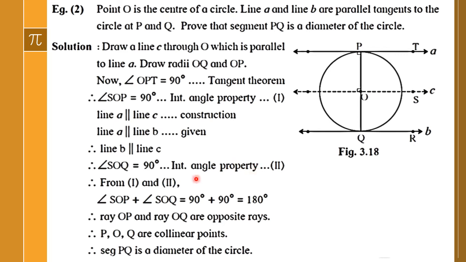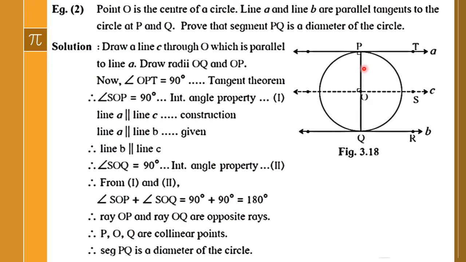From that we know that if you add angle SOP plus angle SOQ, that is the upper angle SOP and the angle SOQ below, if you add these two, we get 180 degrees. That means OP and OQ are opposite rays, and opposite rays form a straight line.